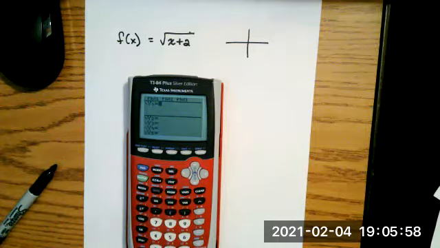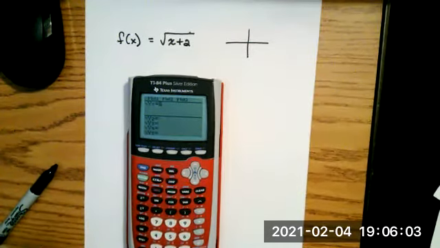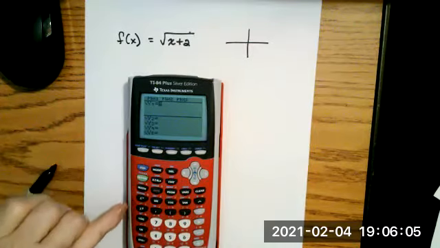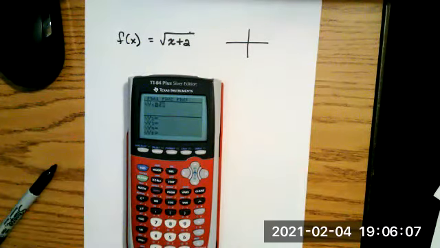Remember, there's a square root key. Do you remember where it's found? It's above the squared term. If you want a cube root, you'd have to go to math and see there are some cube roots there. But this is a square root.